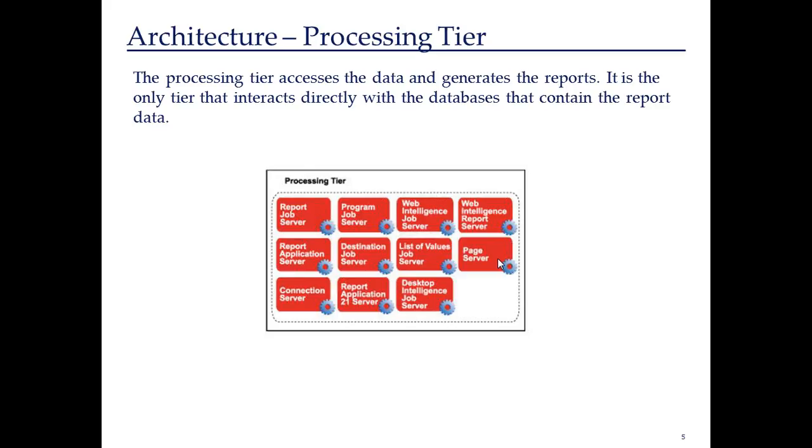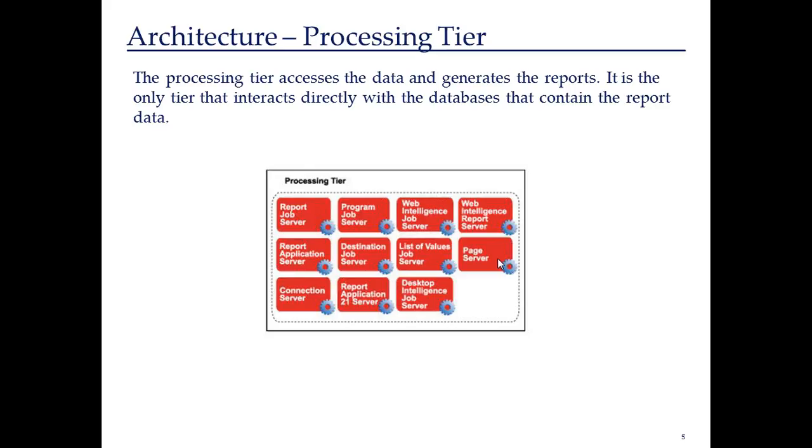In the same way, the page server is the one that converts all the data into .epf format, and those EPF files are sent to the cache server. From the cache, you are going to see it in your Web Intelligence. So that's how it processes each and every report in business objects.